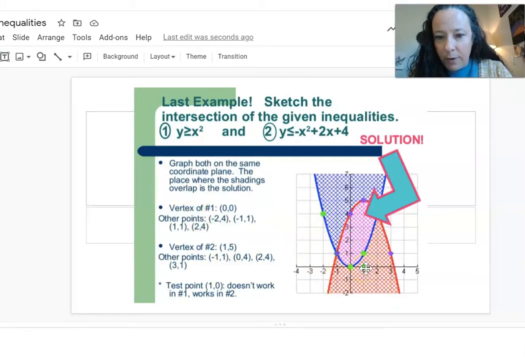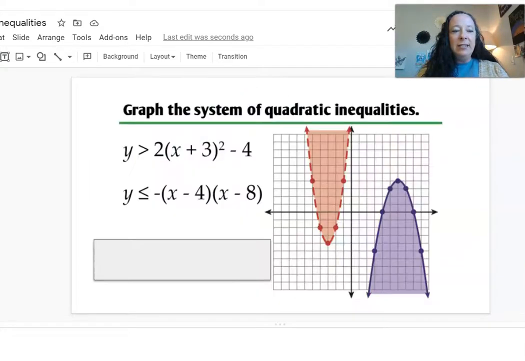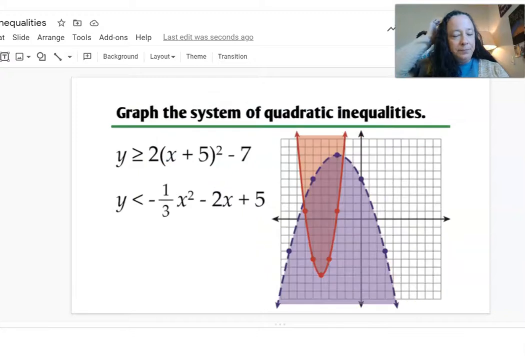It doesn't work in number 1 and it works in number 2. I don't like that test point. What is a point that would be in both of these? 0, 2 would be a point that would be in both of those. So 0, 2. 2 is greater than or equal to 0? Yes. 0, 2 is the point I'm using right here. 2 is less than or equal to 4? Yes.